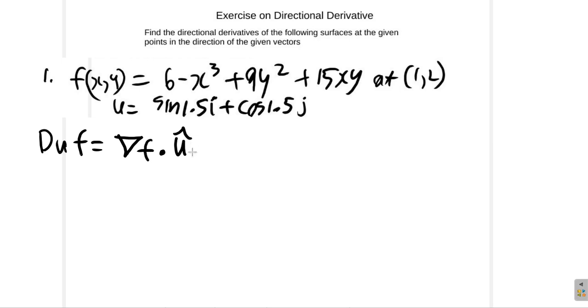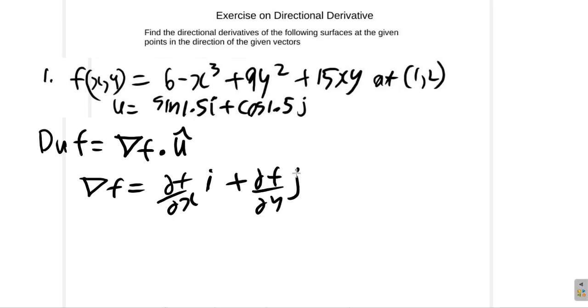Now, Nabla f, the gradient vector, is delta f by delta x i plus delta f by delta y j.